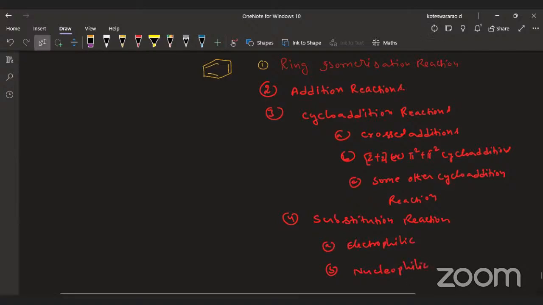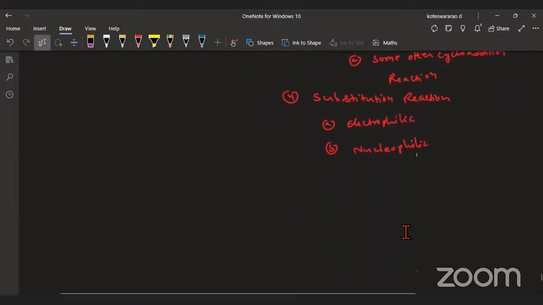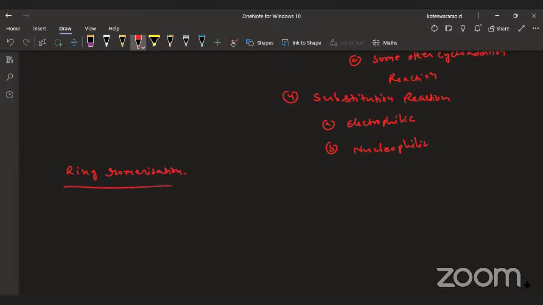Then first you come to ring isomerization reactions. Ring isomerization of benzene derivatives.